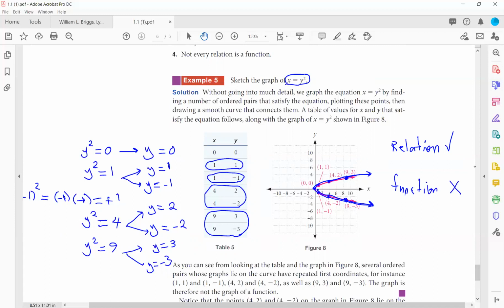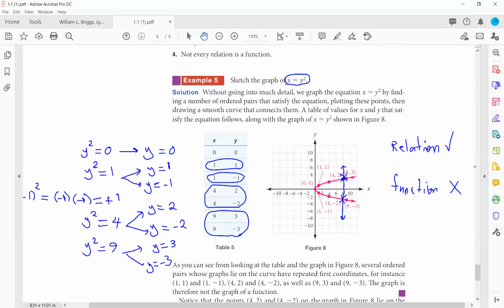You can also say that it doesn't pass the vertical line test. For any random vertical line, it has more than one intersection with the graph of the function. Consider this vertical line, a random vertical line. It has two intersections with the graph.